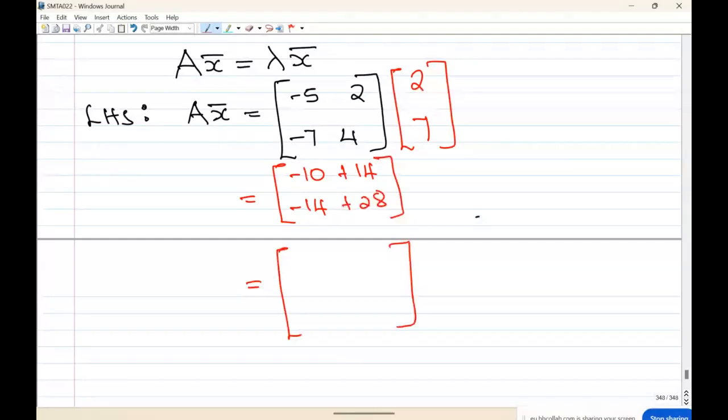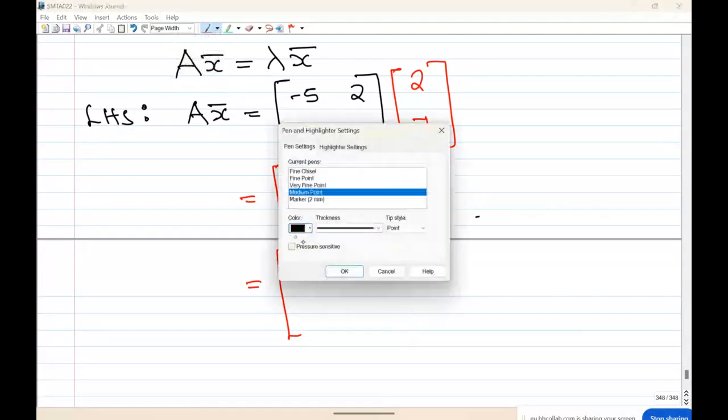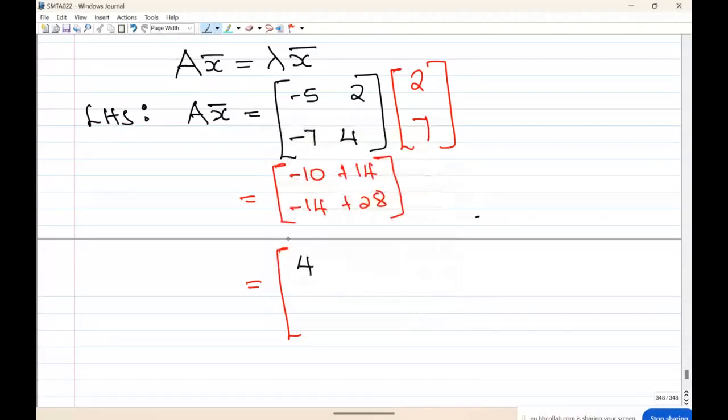Minus 10 plus 14 is 4. Minus 14 plus 28 is 14.